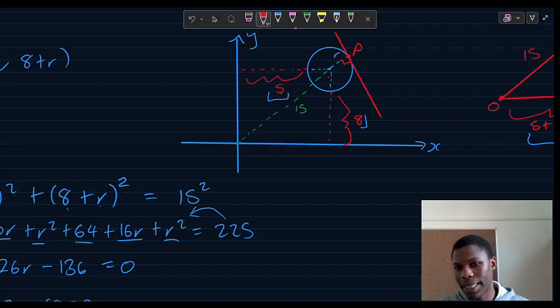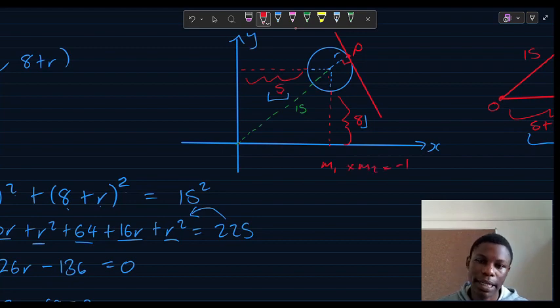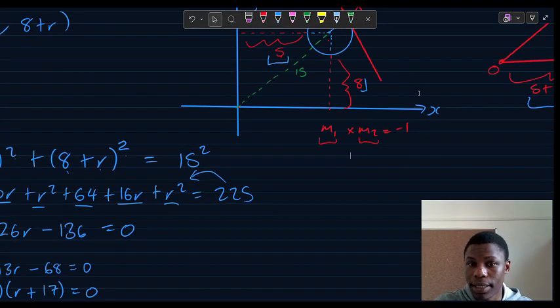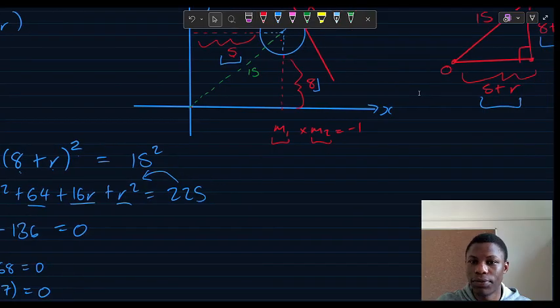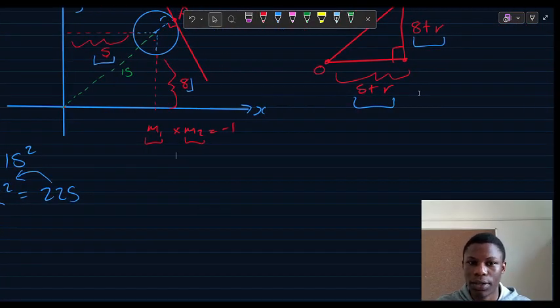So if I can get the gradient of the green line, I know that m1 times m2 is equal to -1, where m1 is gradient of the green line, m2 is gradient of my tangent, since these two are perpendicular to each other. And I can get the gradient of my green line because now I know the coordinates of my center. R is 4, so my center should have coordinates 5 plus 4 and 8 plus R.